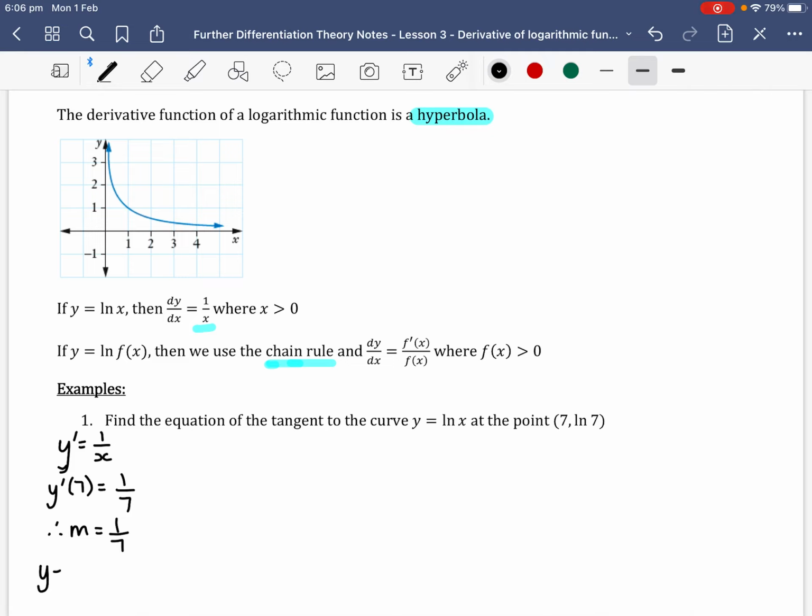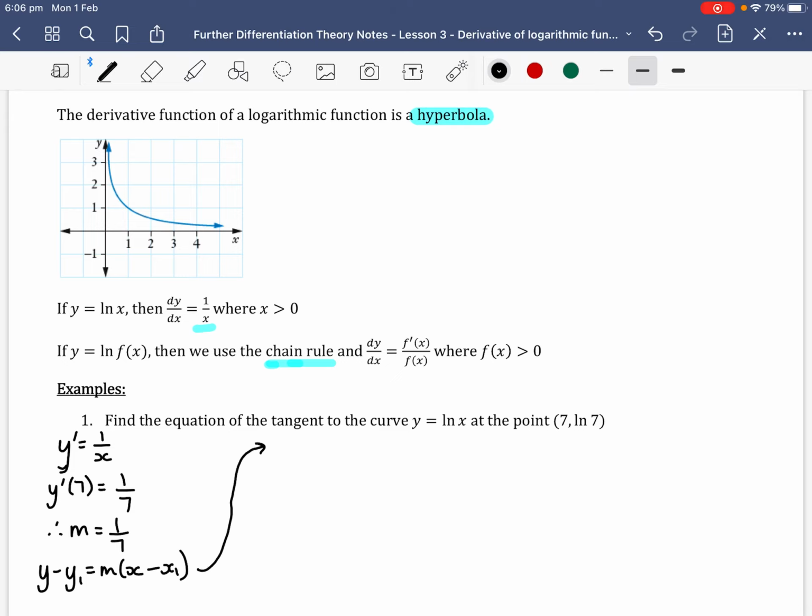We're then going to substitute our gradient and our point (x1, y1), which in this case is the point (7, ln 7), into our point-gradient formula of y minus y1 equals m bracket x minus x1.